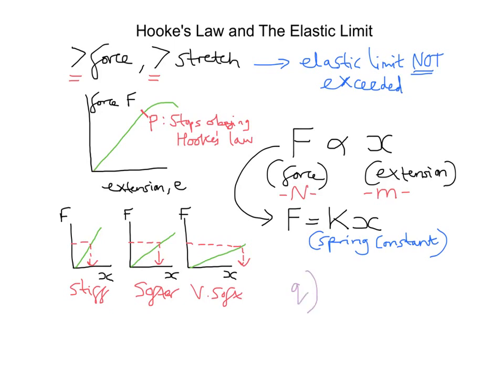So here's the question. A spring is 0.38 meters long. So it tells you that the total length of the spring is 0.38 meters long. When it's pulled by a force of 2 newtons, so we're told F is 2 newtons, it stretches to 0.42 meters.